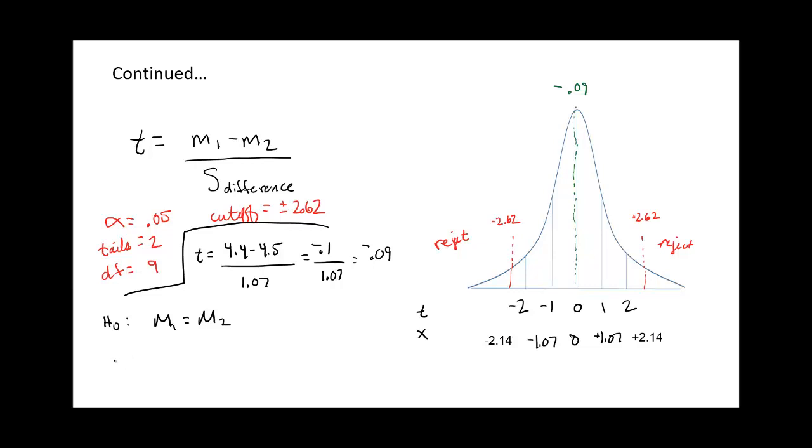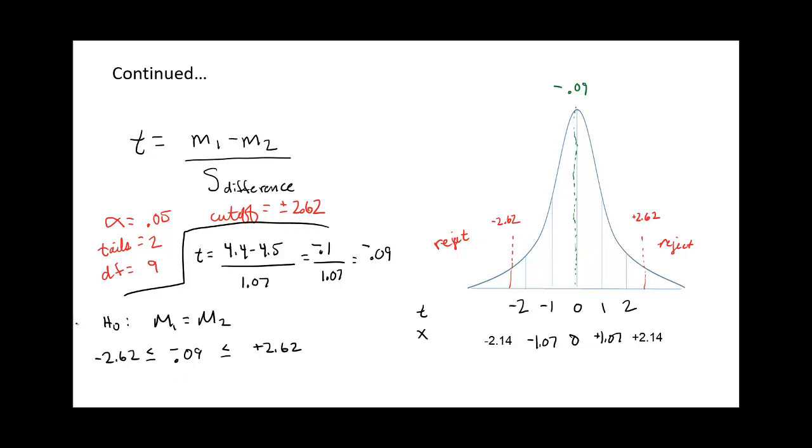So the cutoff t-score in this particular case was negative 2.62 and positive 2.62. In order for this statement to be true, we know that our actual observed t-score needs to fall between that. So if I put our t-score of negative 0.09 and then I put in our symbols to find out if there is a difference, we can test to see if there is a significant difference based on our null hypothesis.